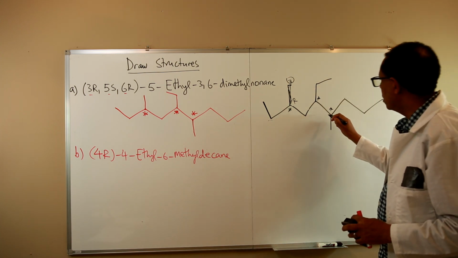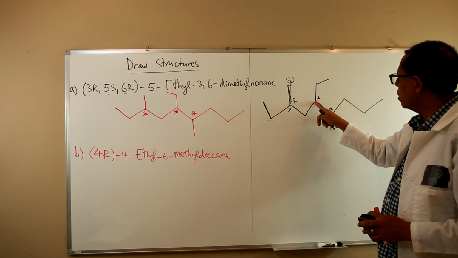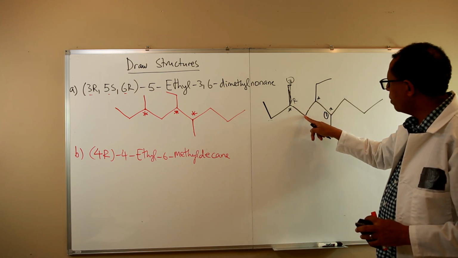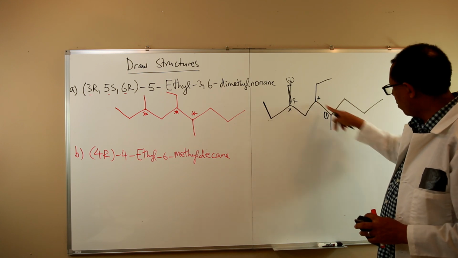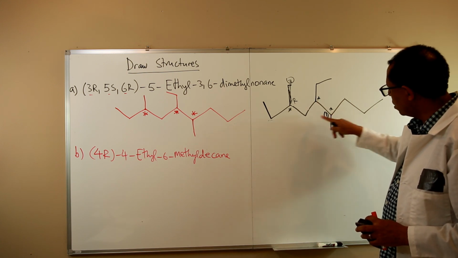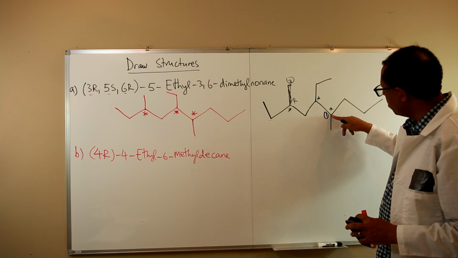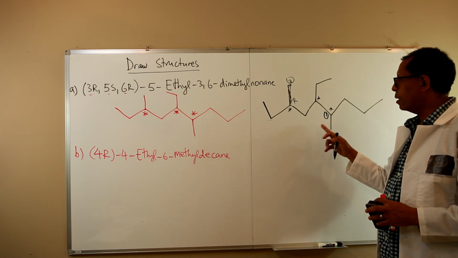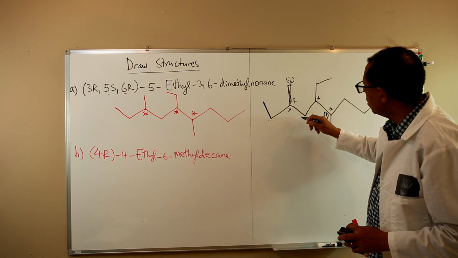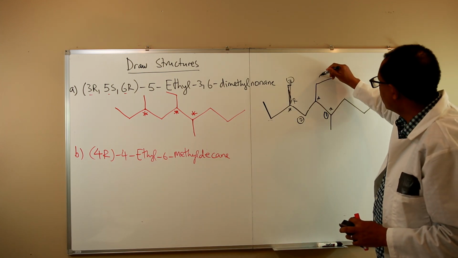The priority is this side or that side? I would say it is this side. This is 1. The reason being, if you just go this way, the carbon has 2 hydrogens. But if you go this way, that carbon, which is analogous to that one, has not 2 hydrogens, but 1 carbon, 1 hydrogen. So it takes precedence. So this would be now 2. So this would be now 3.